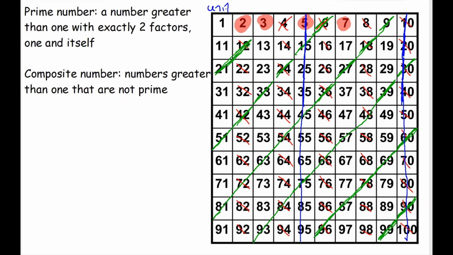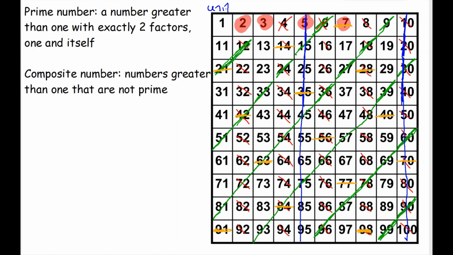So we have 7, then 14, then 21, 28, 35, 42, 49, then 56, 63, 70, 77, then 84, 91, 98.